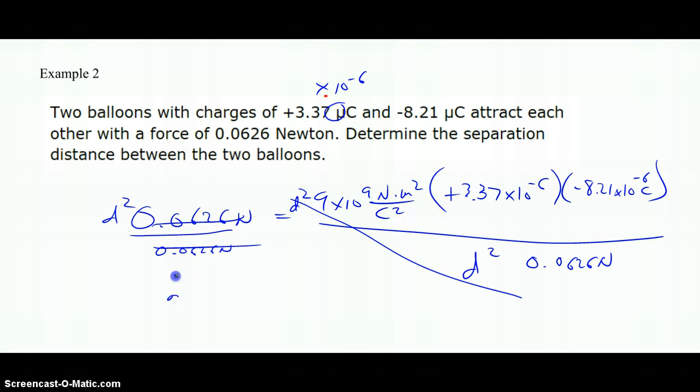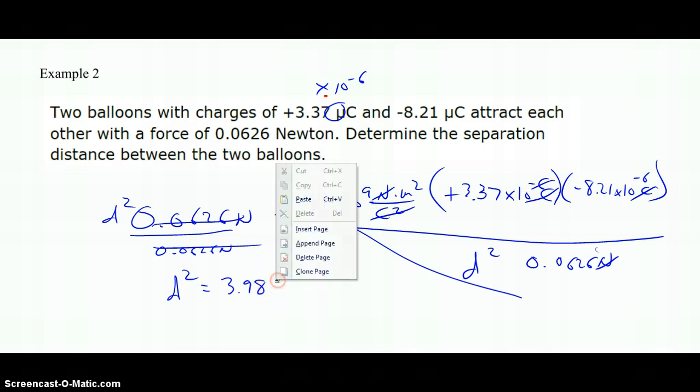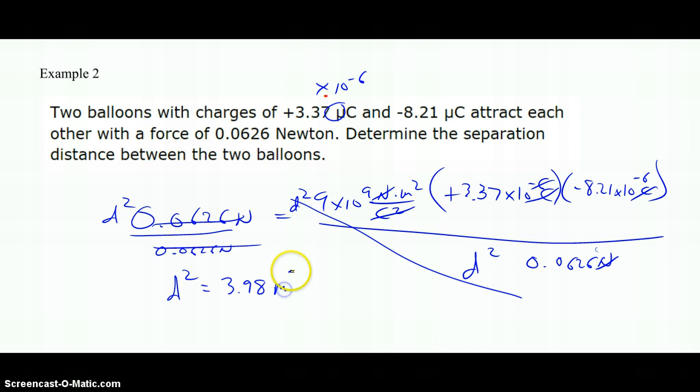Okay, with doing that, I get distance squared equals 3.98, and that will be in meters because the newtons here will cancel, and these coulombs squared here will cancel with the coulombs from the two charges. So that's going to be in meters squared.